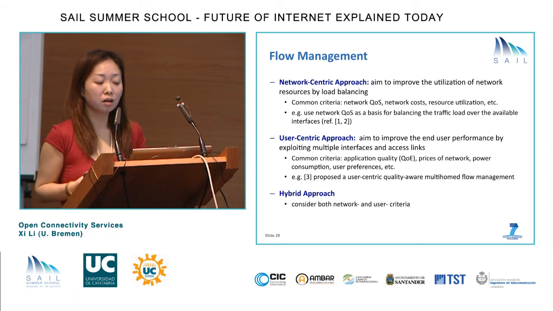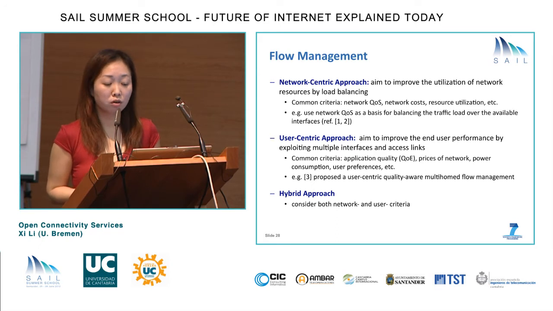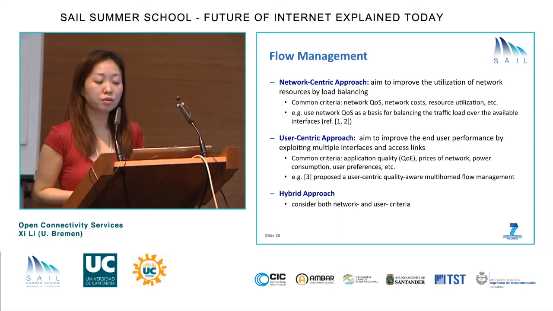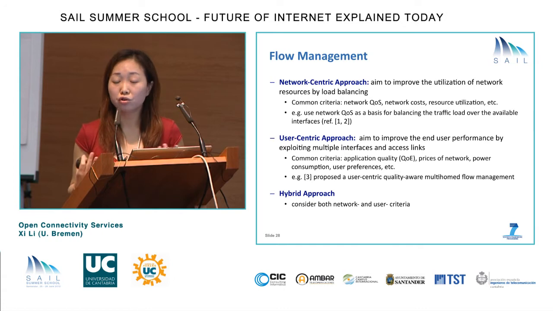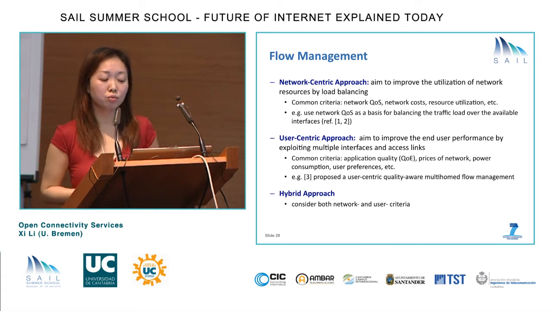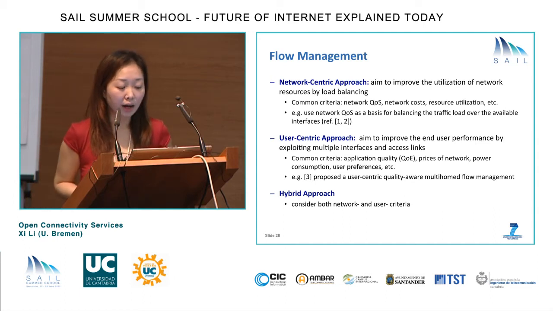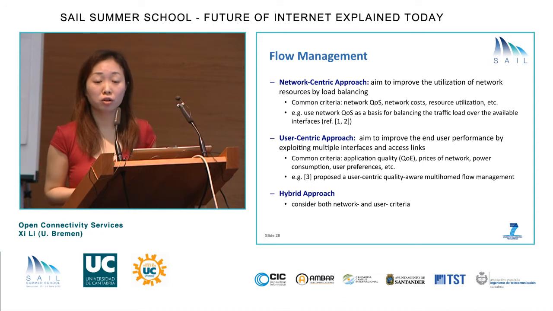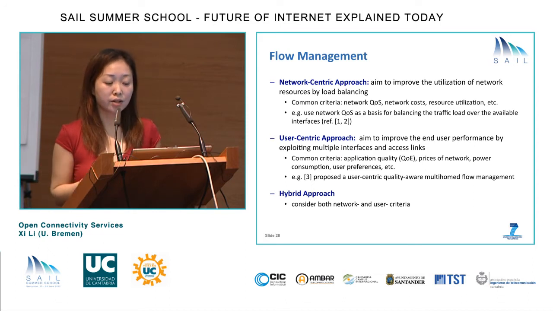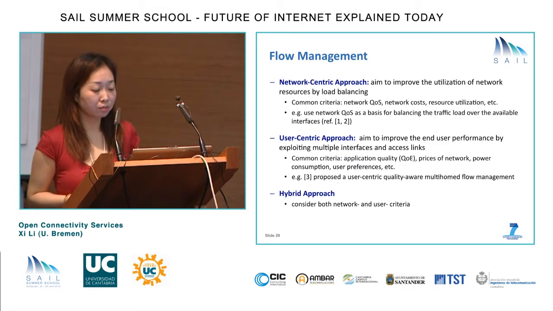It's network-based, so the objective is to improve the network performance, for example, to increase the network quality of service, or to enhance the resource utilization. For this approach, we choose criteria more related to the network performance. A lot of related work has been using the network quality of service as the main criteria for doing load balancing among the available networks.